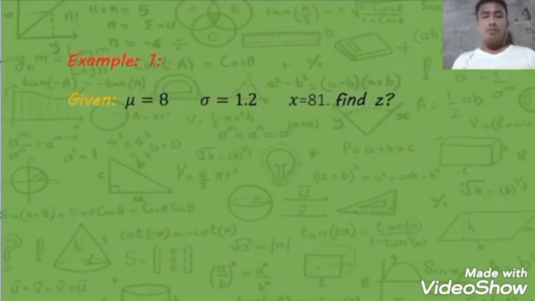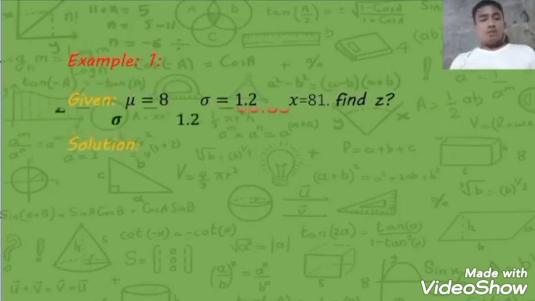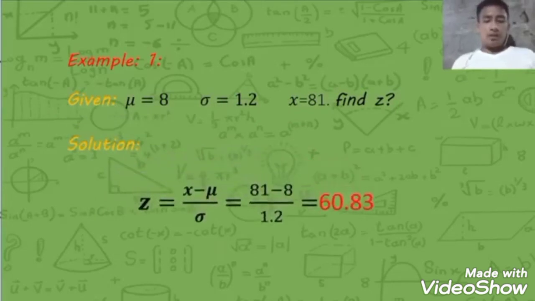We have the first example here. The given is: mu is 8, the standard deviation is 1.2, and the raw score is 81. So find the Z. Apply the formula and substitute the given numbers. Z equals X minus mu all over sigma.